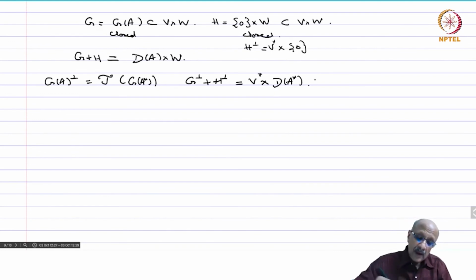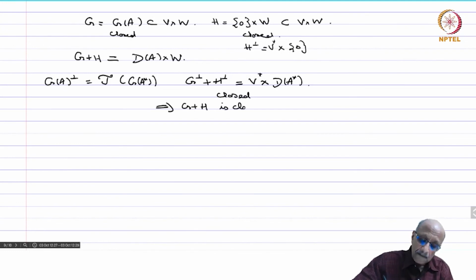Then this is given to be closed, because this is closed and V star is closed. And then we proved this theorem; this is the only part of that theorem which I did not prove; this implies that G plus H is closed. That is, G plus H is D(A) cross W, therefore D(A) is closed.